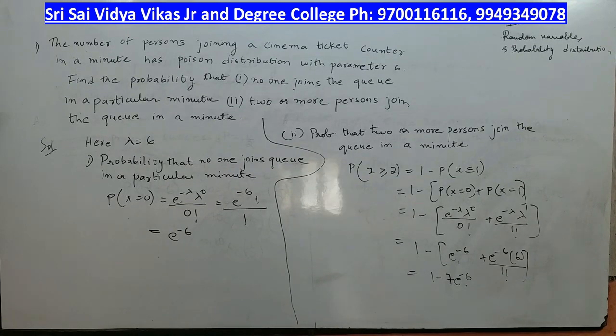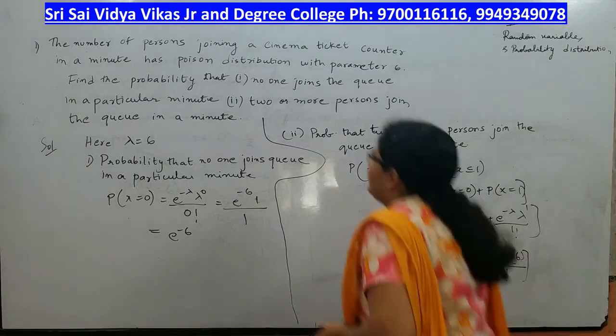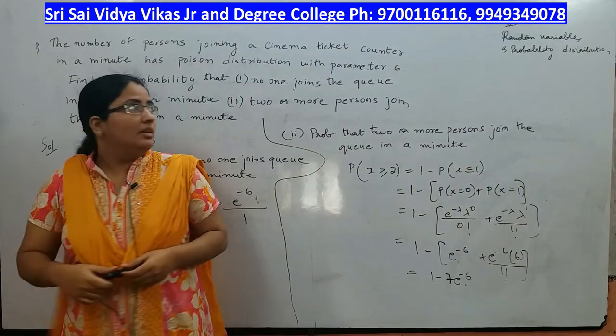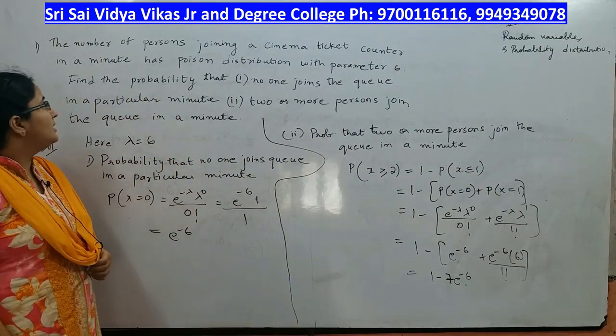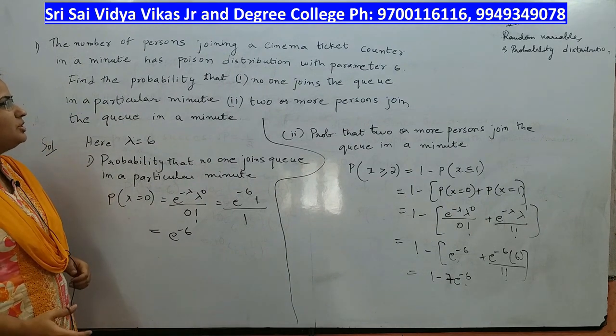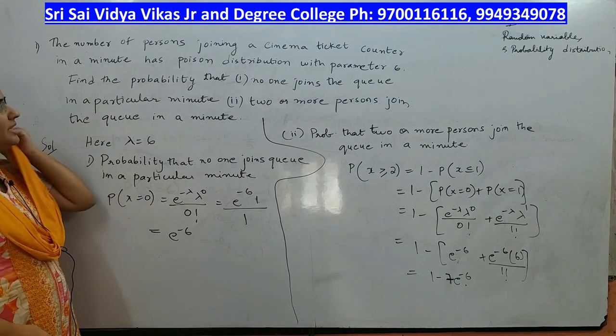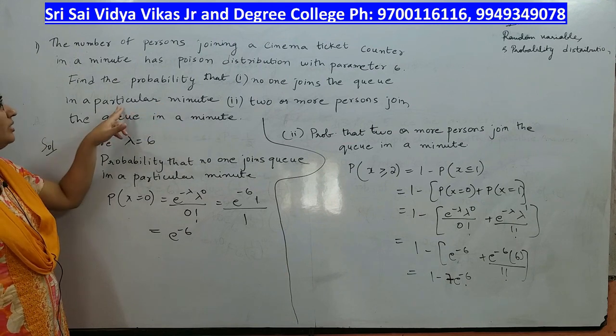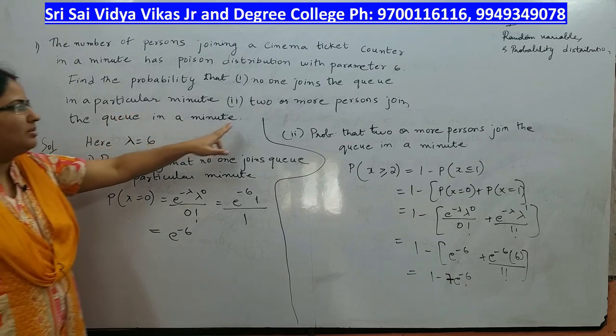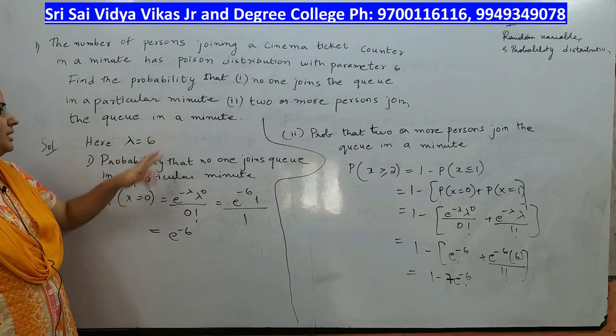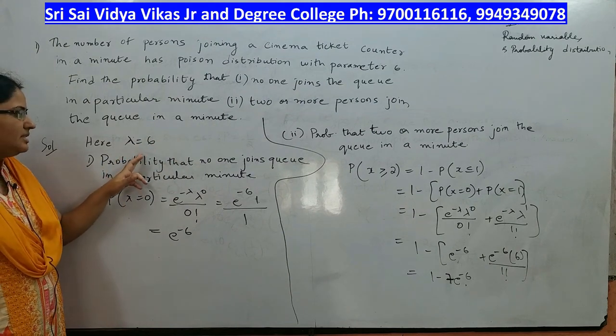Our next problem for today: the number of persons joining a cinema ticket counter in a minute has Poisson distribution with parameter 6. Find the probability that no one joins the queue in a particular minute, and that 2 or more persons join the queue in a particular minute. Here lambda is given as 6.